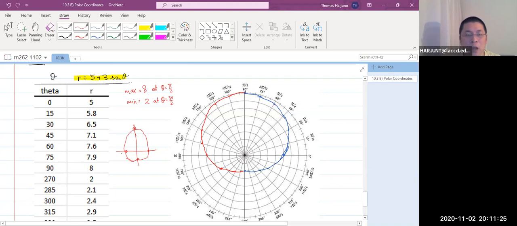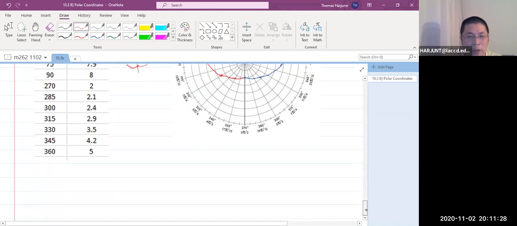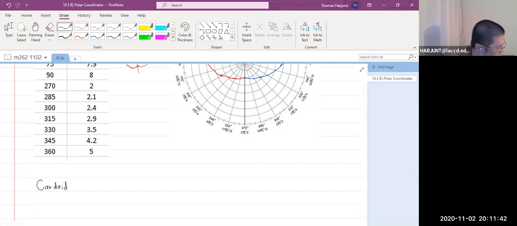Now, it becomes cardioid. I still don't know if it is cardioid or cardoid. Let's see. I don't see any reference for that here. We have cardioid if the constant and the coefficient are equal.